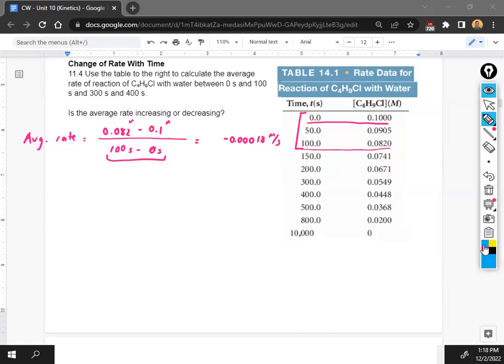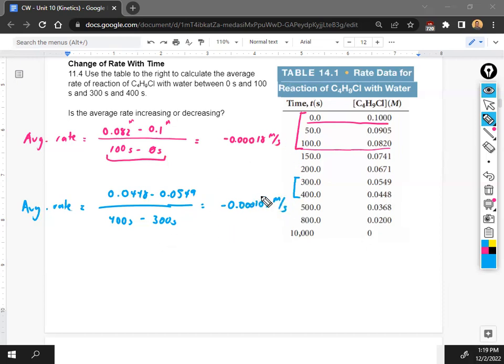Now let's go to the average rate between 300 and 400 seconds. Same thing: 400 seconds minus 300 seconds, and then for the molarities, we'll do 0.0448 minus 0.0549. That should give you a final answer of negative 0.000101 molarity per second.